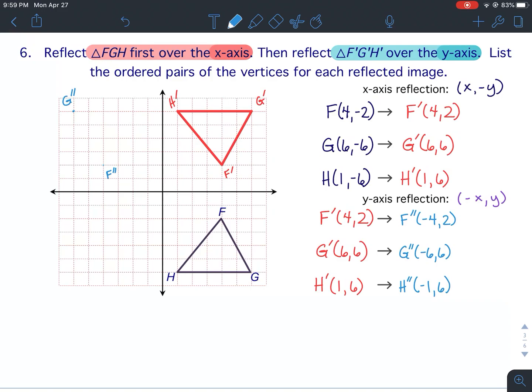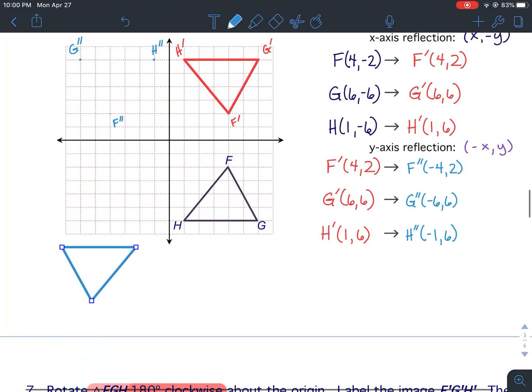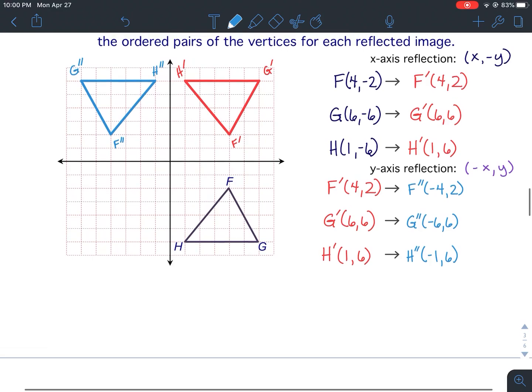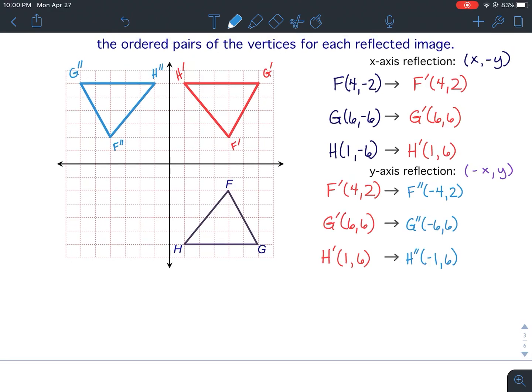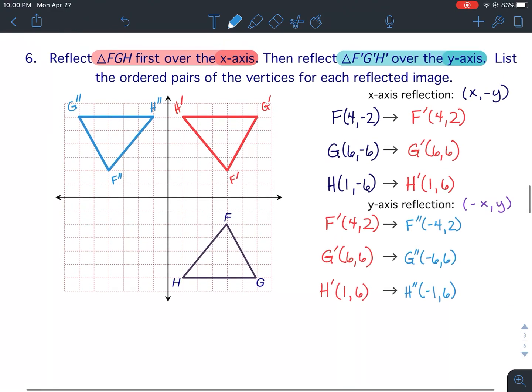H double prime is to the left 1 and up 6. So there is F double prime, G double prime, H double prime. Pause your video and get that drawn.